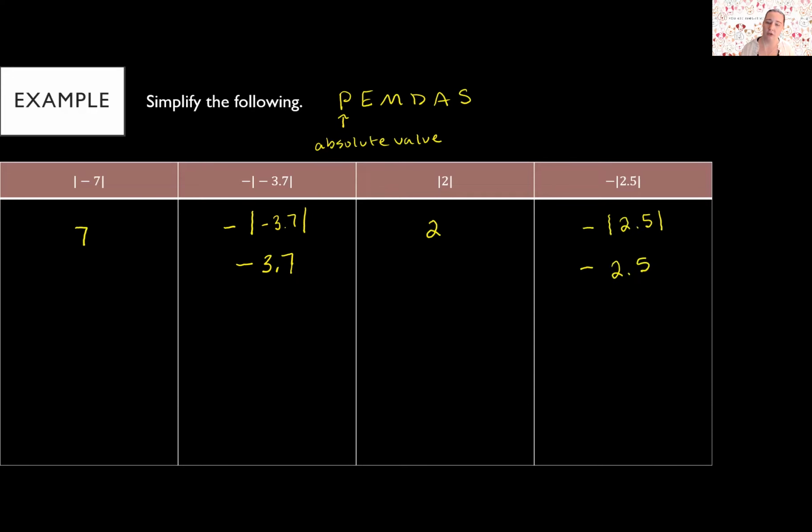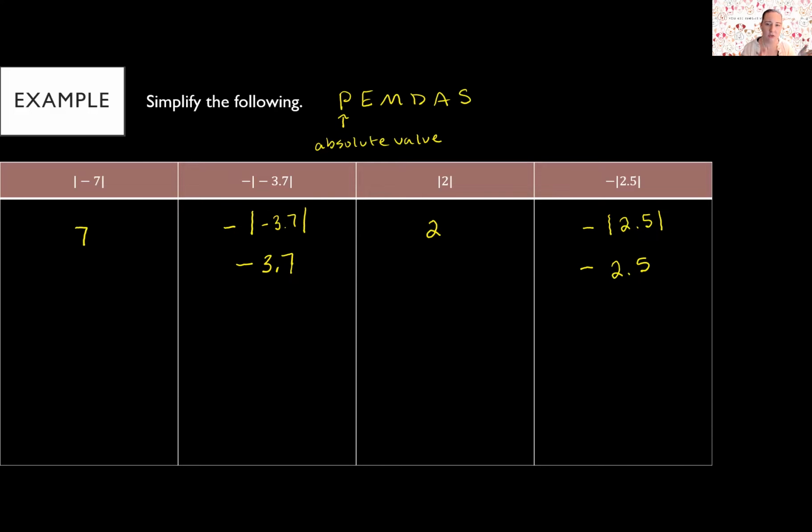Just like the negative absolute value of -3.7, both of those ended up negative because the negative is on the outside. Whether there's a negative inside the absolute value doesn't matter, because when you take the absolute value, that negative disappears. So the sign of your absolute value answer depends on the sign in front of your absolute value symbol.